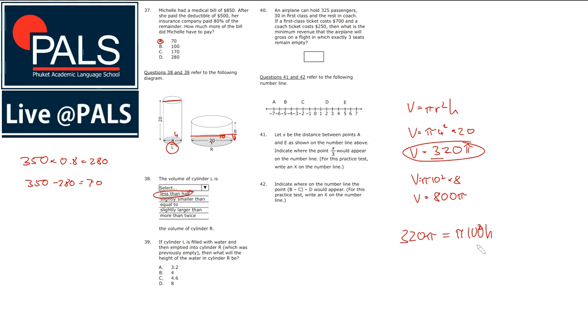So we just move that over to the other side. 320 pi divided by 100. Pi cancels out. In this case, that's the height. 320 divided by 100 is equal to 3.2.